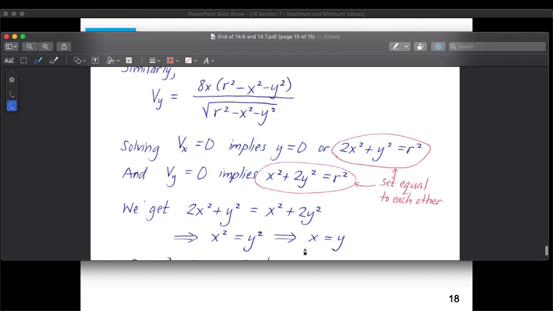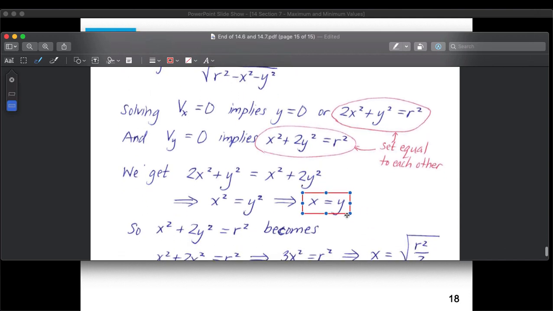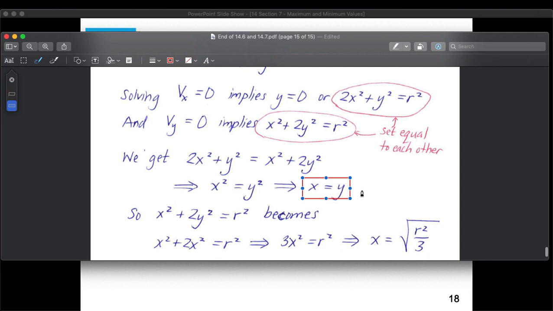Which is nice because now, once again, I take this relationship and I substitute it back into one of these equations above. You can substitute it into this guy or this guy. It doesn't matter. You substitute this relationship into this equation, and you go from an equation of two variables to an equation of one variable, because r is a constant.